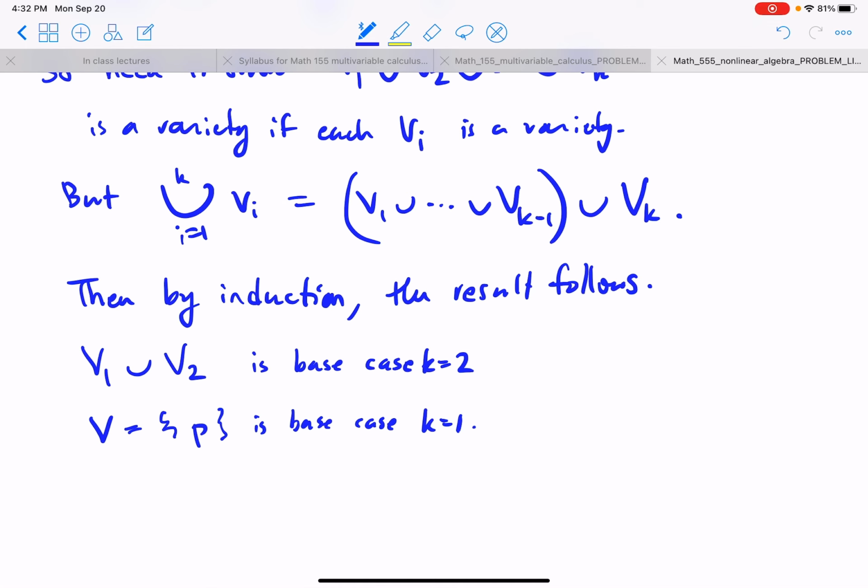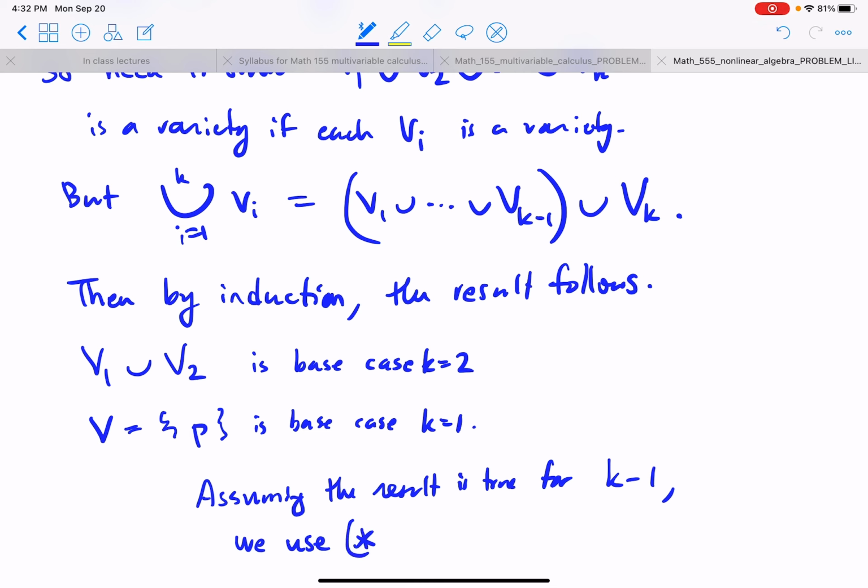And so putting together finitely many points is the induction step. And assuming the result is true for k minus 1, we use star, where star is up here, this equation, to get the result for k.